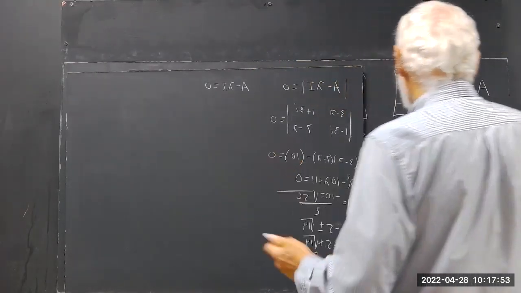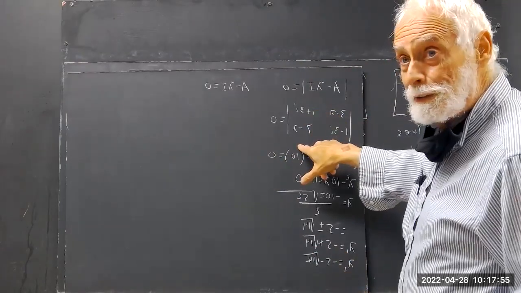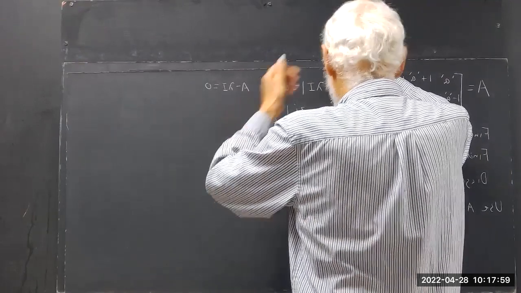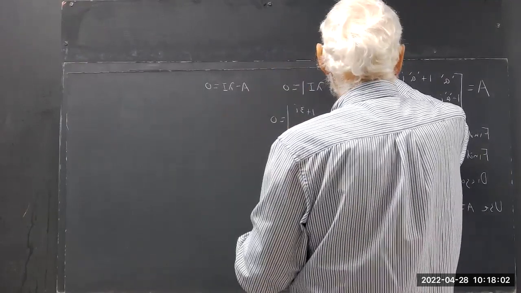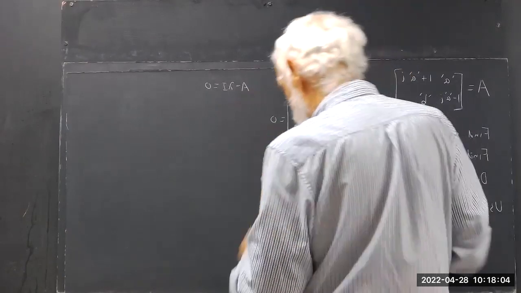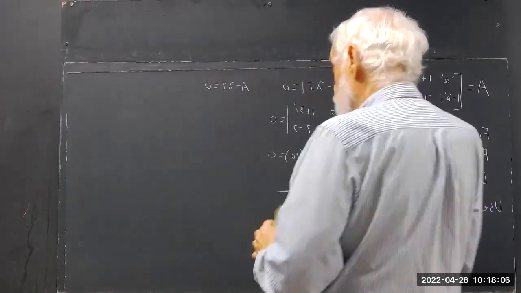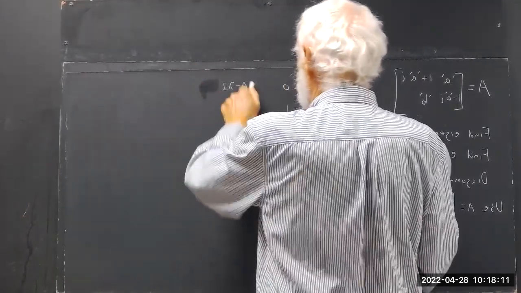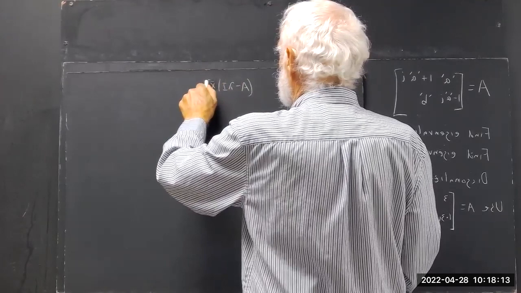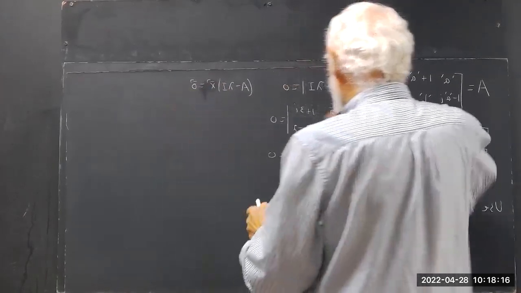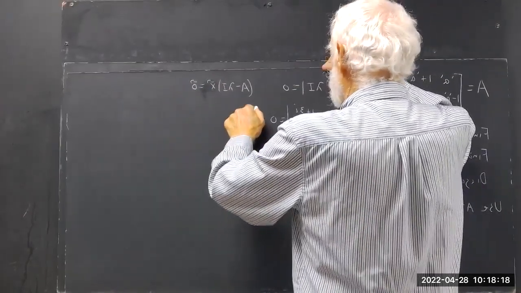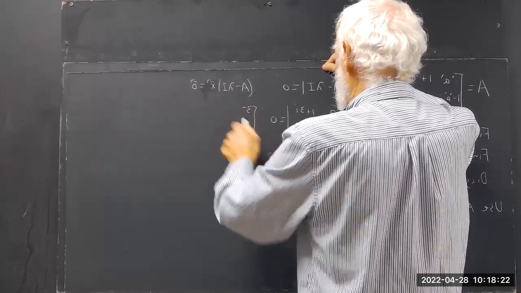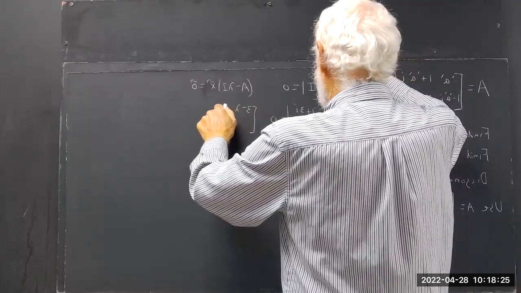Well, here's A minus lambda I. So you just take this thing and say A minus lambda I times x equals 0, and you write out 3 minus, I'm not going to write out the general.